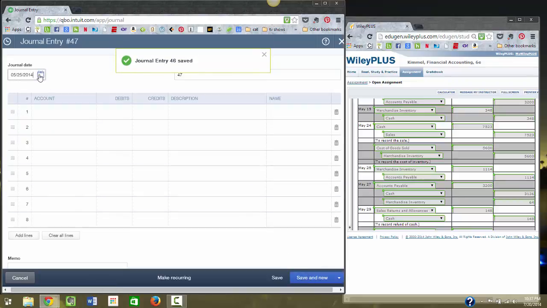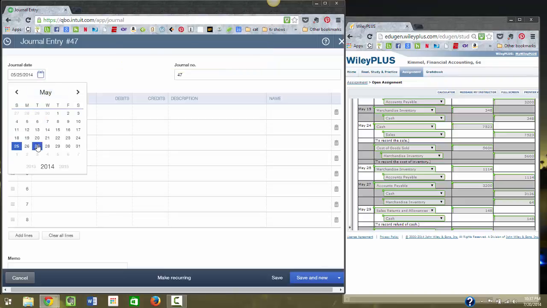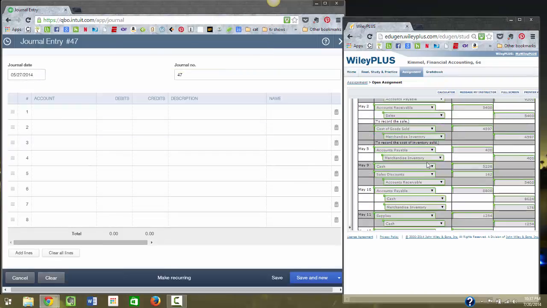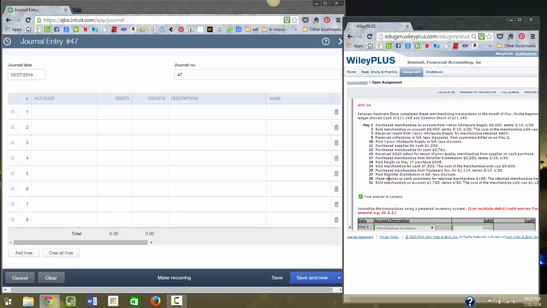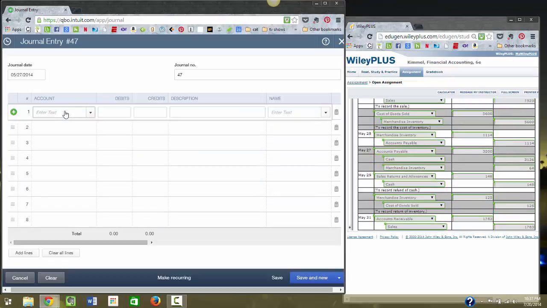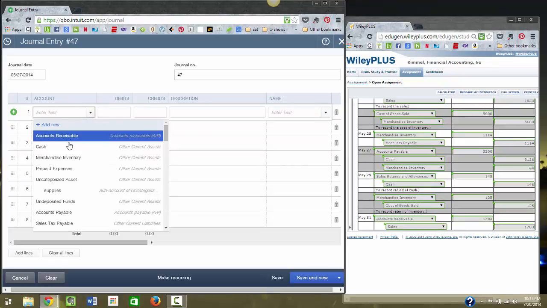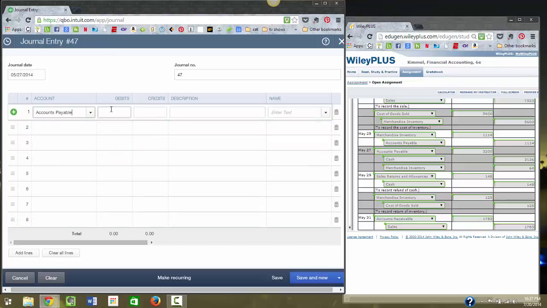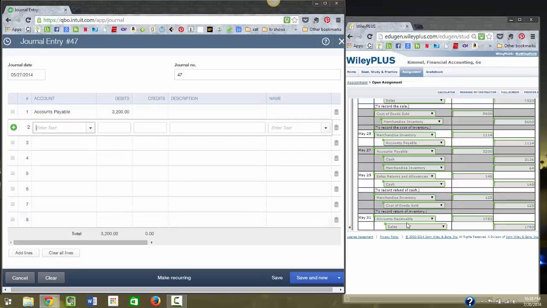Okay, next up, May 27th. So we enter the date. Let's see what we've got going on here. Paid Strickler Distributors in full, less discount. Okay, so come down, May 27th. We are going to debit accounts payable for $3,200. Okay, and we're going to manually calculate the discount again and make that adjustment.